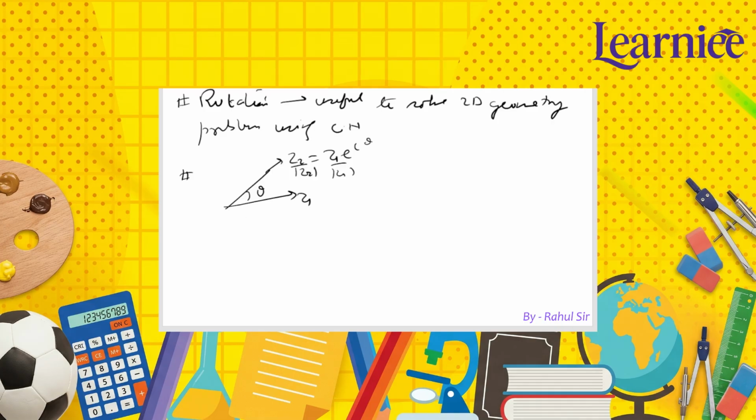And if I rotate something clockwise, let's say this is z3, this angle is alpha, so we can say that z3 by z1 is equal to e to the power minus i alpha. That's the important thing.